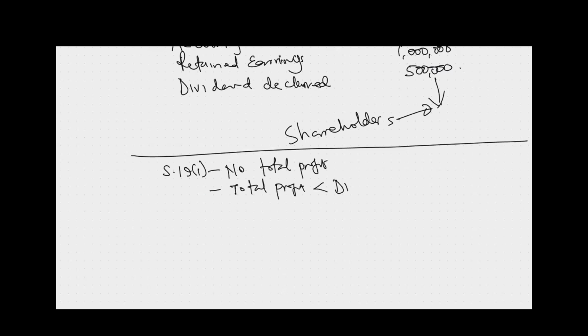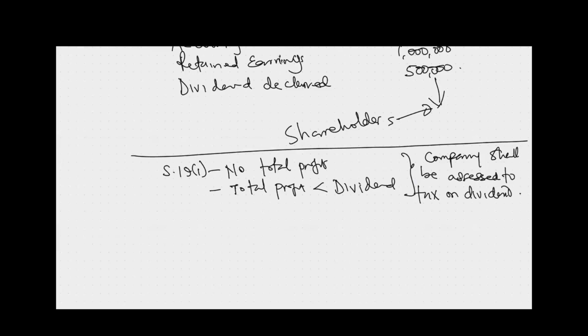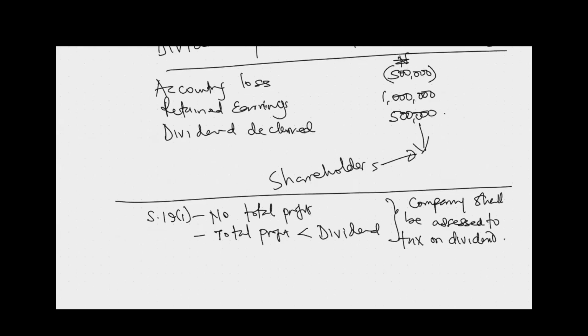What will now happen? In this case, the company shall be assessed for tax on dividend, right? So this is subsection 1. The company makes no profits, which means the company shall be invariably assessed tax on dividend.